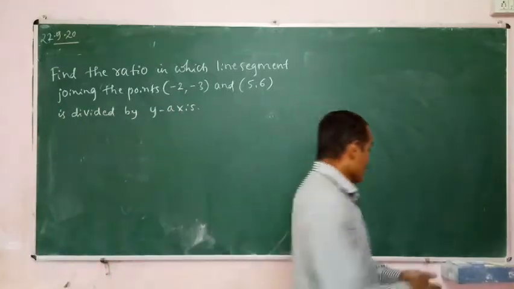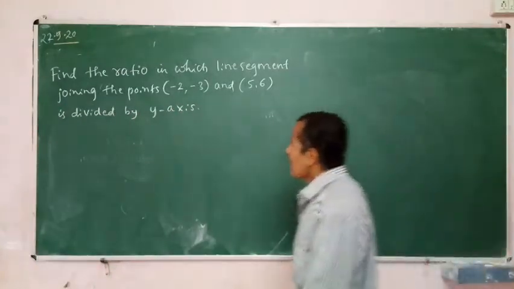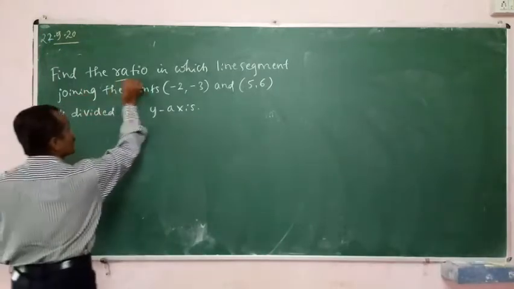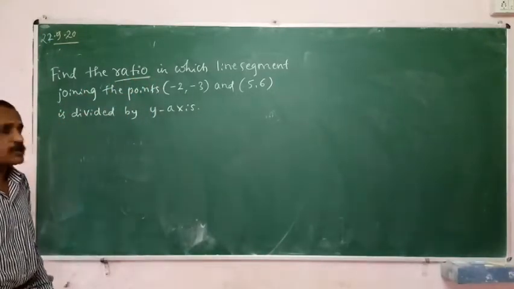See, listen very carefully. We'll draw a figure for this. They ask you to find the ratio. Ratio means m:n has to be found.